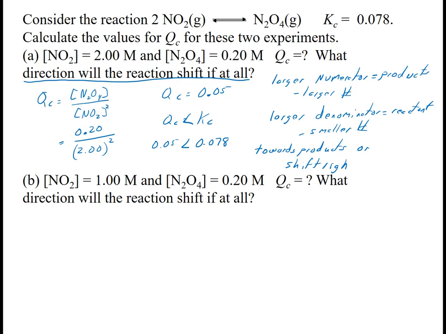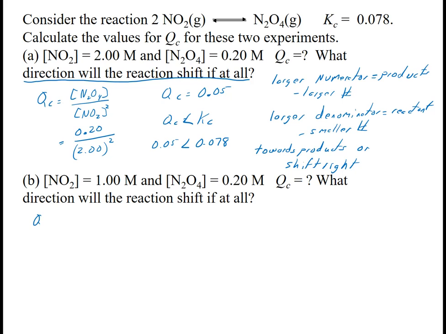I don't suggest putting both if you're doing an open answer test, because a lot of times people will reverse these, and if you give me the opposite, I have to count it wrong. So pick one; either towards the products or shift right will work. I would pause this and try to do the next problem before I go over it.